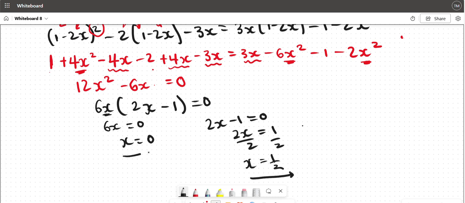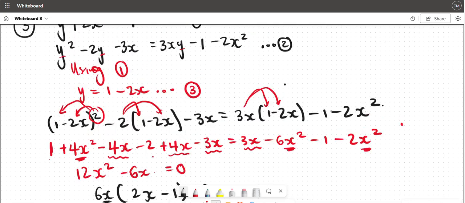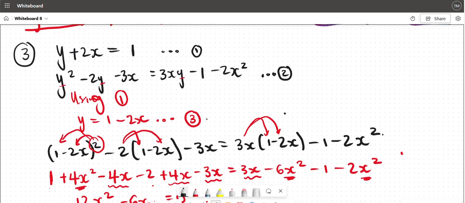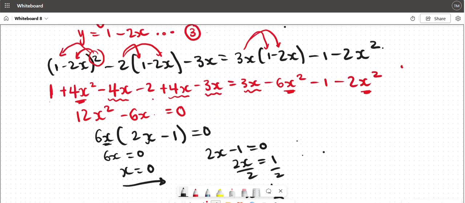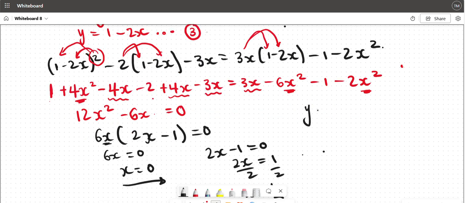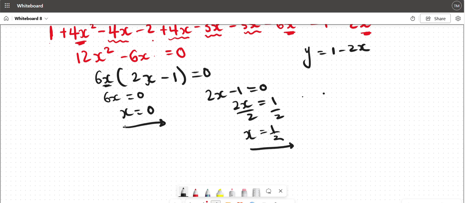Alright, so please do not forget, guys, you've just solved for x now. We need to go back into that very easy equation, this equation 3, and solve for y. So let me write my equation 3 here. There's my equation 3. Let me solve for y underneath the corresponding x. So I'm going to substitute the 0, and this y will be a 1.